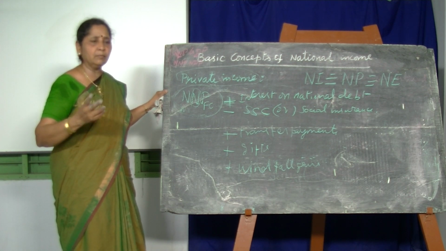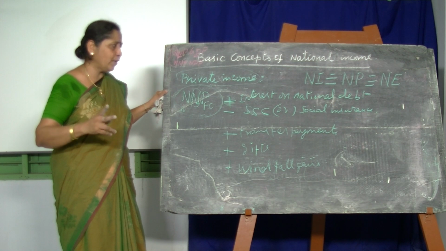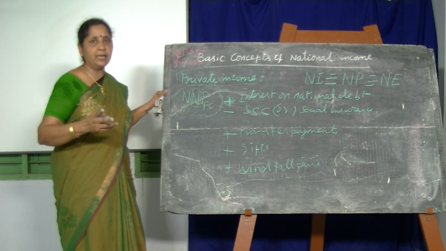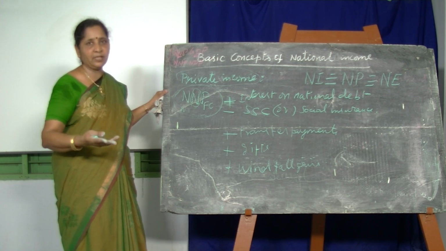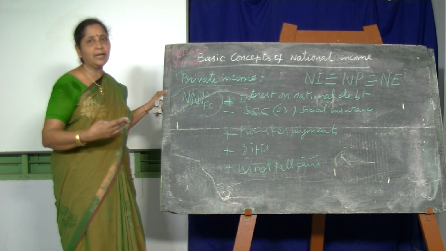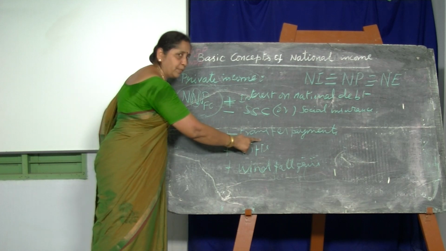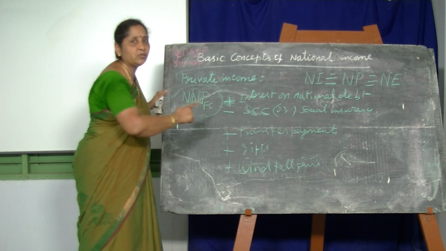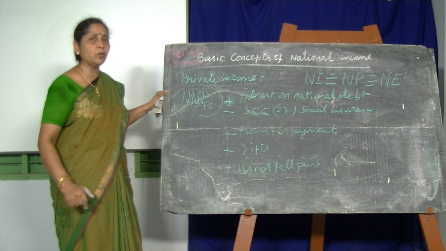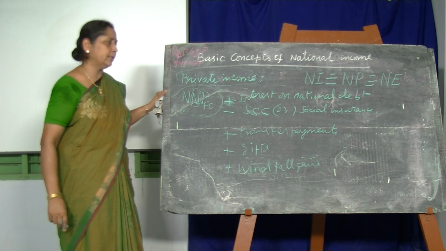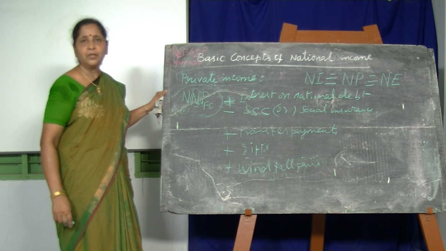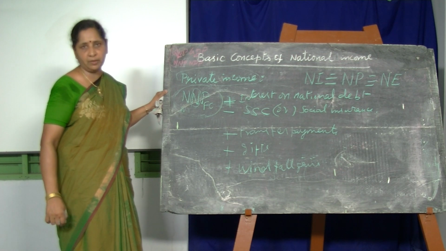So here a two-way process is done. Exchange of service for money, that comes here. In the case of transfer payment, only the payment is transferred. Why is it so? Take the example of your scholarship. You are receiving scholarship from the government.